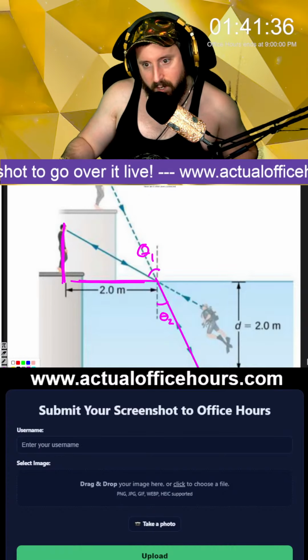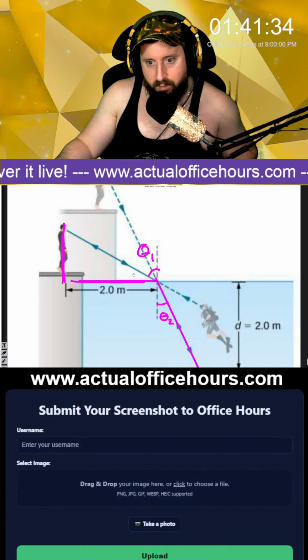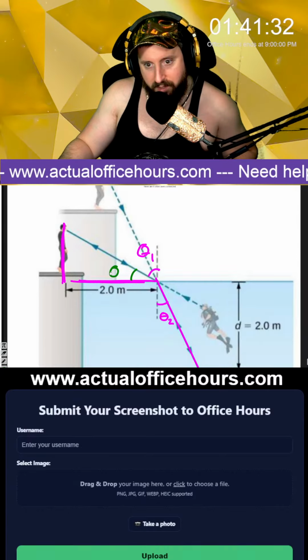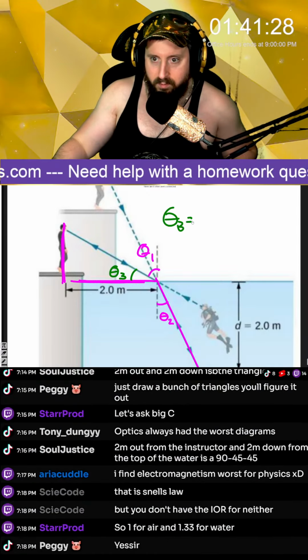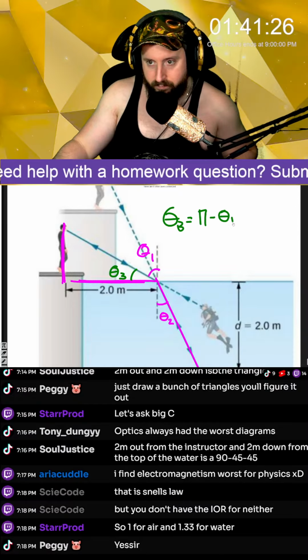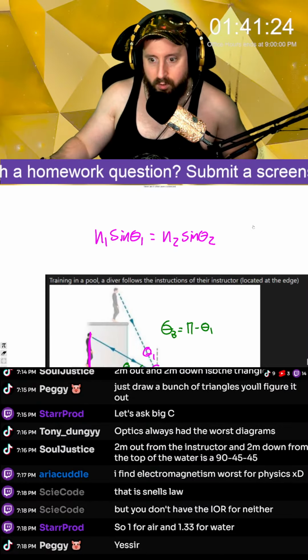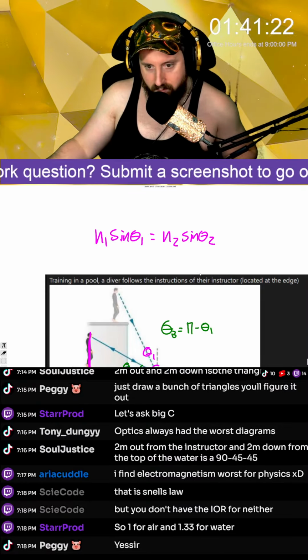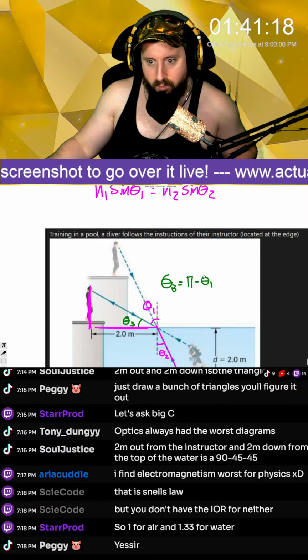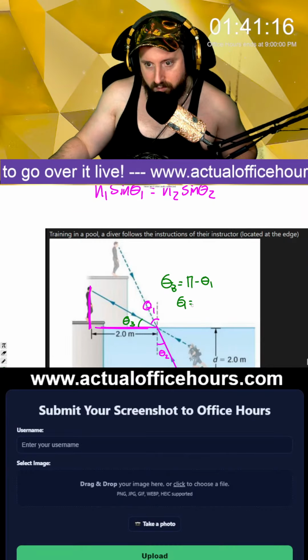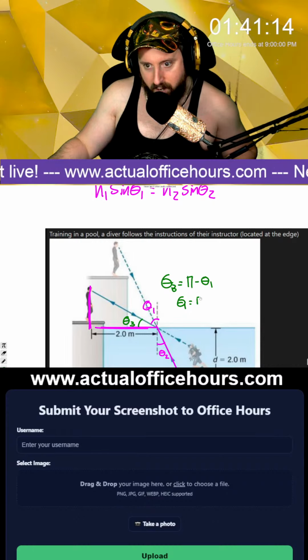I don't think I need it though, watch. Let's call this theta 3. Do you see how theta 3 is equal to pi minus theta 1? So theta 1 is the same thing as pi minus theta 3.